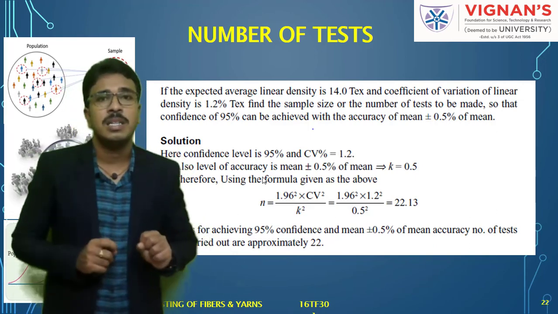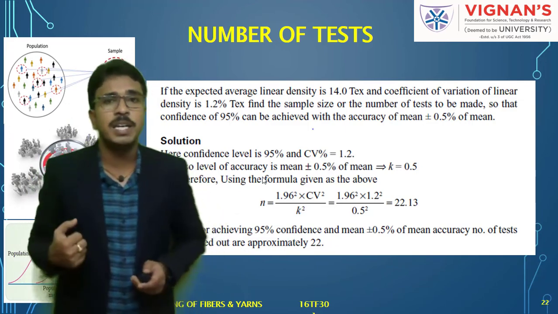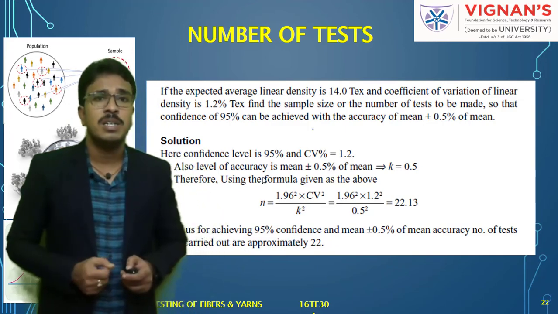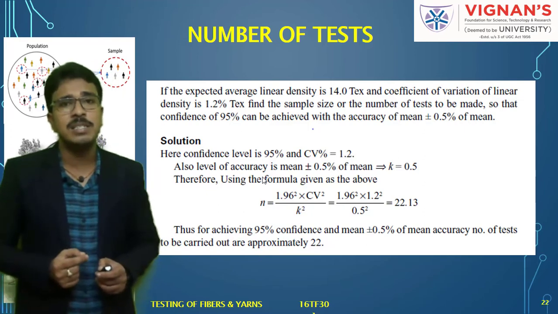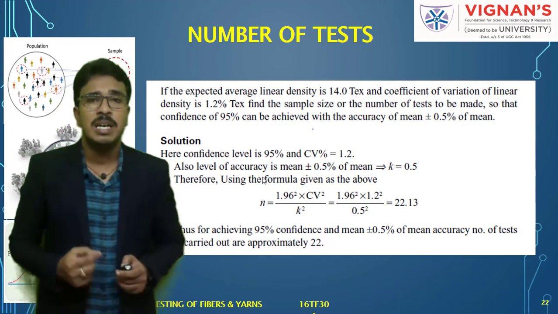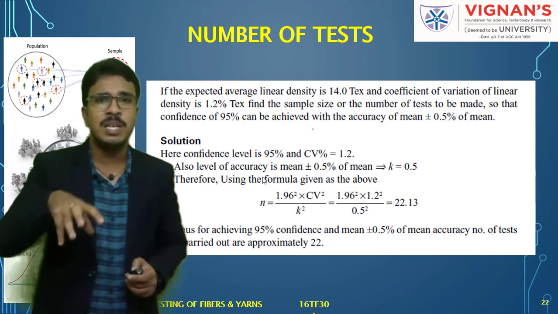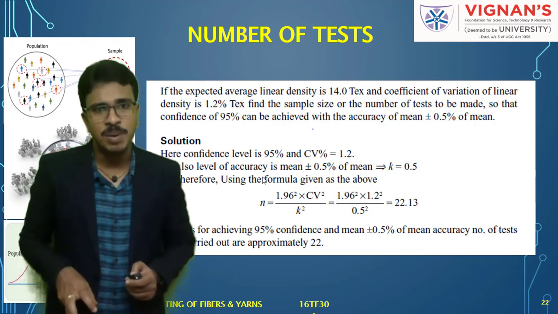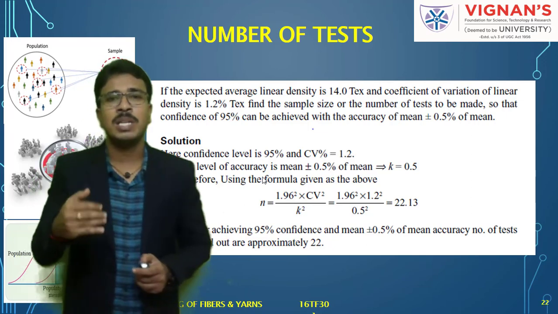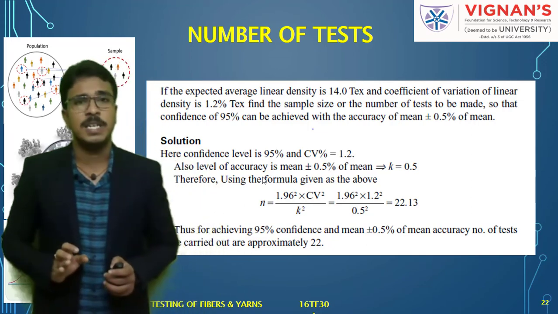Now in the solution, first figure out what the information is. The confidence level is 95 percentage and the coefficient of variation is 1.2, that is, among the sample results the variation is 1.2 percentage.